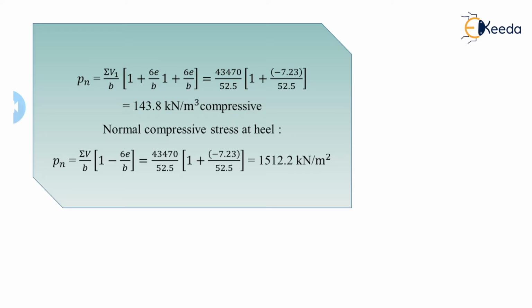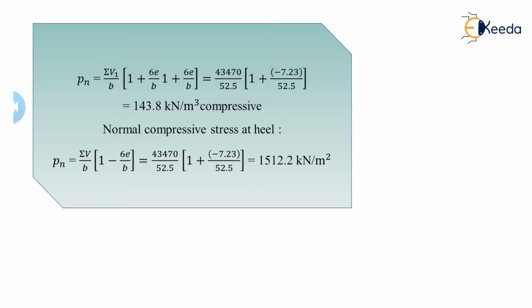So simply substitute the value: summation of vertical forces when the reservoir is empty. Just take out the table and take the value of vertical forces when the reservoir is empty, which is 43,470, divided by base width 52.5, into bracket 1 plus, here the e value we got is minus 7.23.